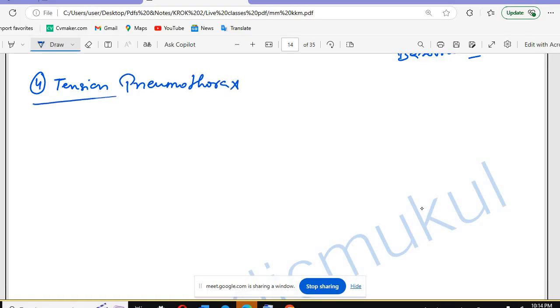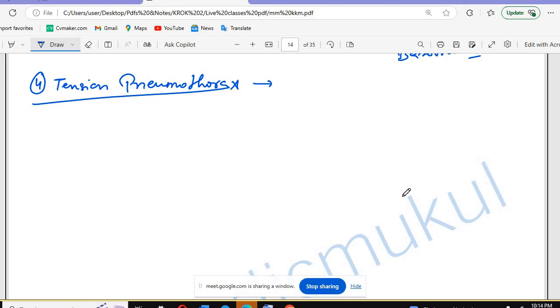Tension pneumothorax. When we say tension pneumothorax, what is the cause? The cause can be any of the above conditions that we have discussed: tobacco, smoking, rib fracture, gunshot, iatrogenic, any cause can cause tension pneumothorax. Basically, what is the tension? Whenever tension occurs in us, when exams come, lots of things come to our mind, but those things never go out, and those things create tension in us, right? It is the same with pneumothorax.